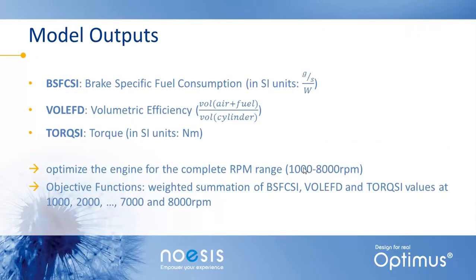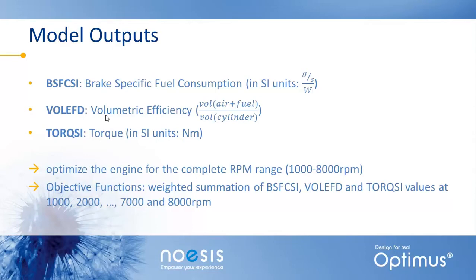As a result of our calculation, we are interested in three quantities. First of all, the brake-specific fuel consumption, which is expressed in SI units. Also, we are going to look at the volumetric efficiency, which indicates how well the cylinder is filled. And in order to have an idea about the performance, we are going to look at the torque of the engine, expressed in Newton meters.